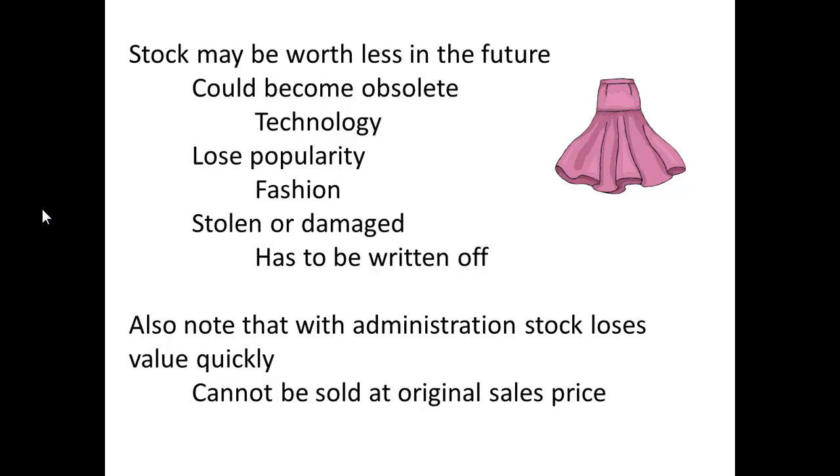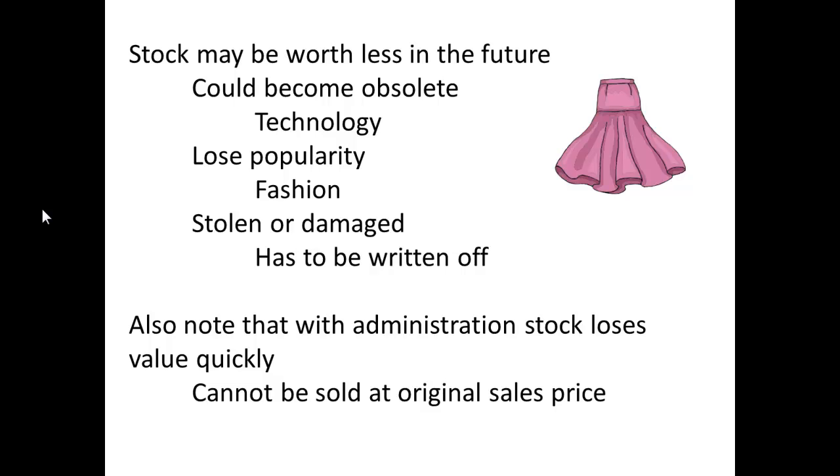The stock could actually become worth a lot less in the future if you're suddenly faced with the prospect of having computer equipment on your hands where new computers have been developed. Then what you have as inventory could in fact be obsolete. Similarly, if you have invested heavily in clothing, you suddenly might find that clothing is out of fashion, it's less popular, so it's not going to sell.